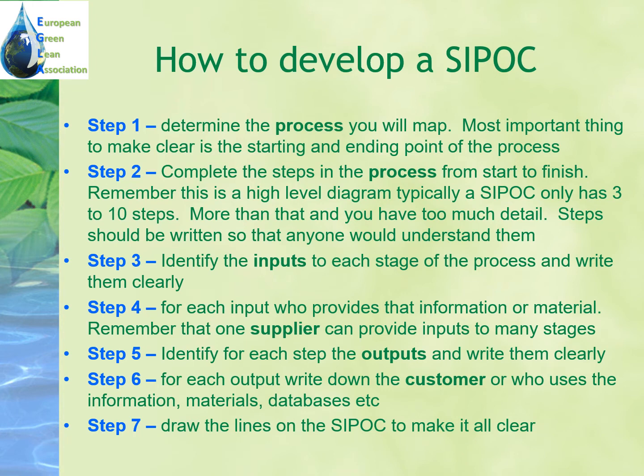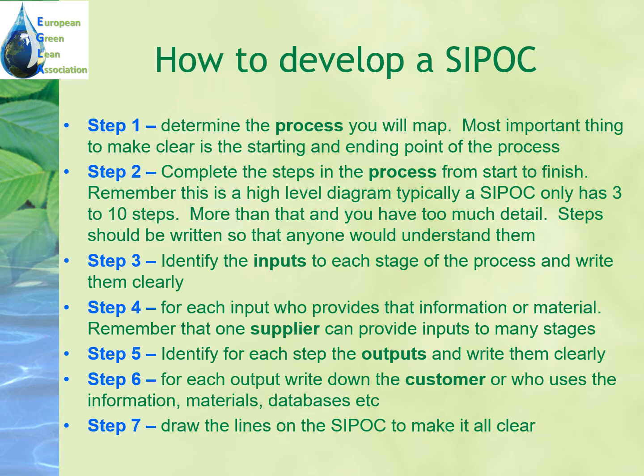And please remember, this is a high-level diagram. Typically, a SIPOC has between 3 to 10 steps, not more. If you try to make more and longer SIPOCs, there's too much detail to understand and describe. And all steps should be written so that anyone would understand them, also the people who are not related to the process in reality.